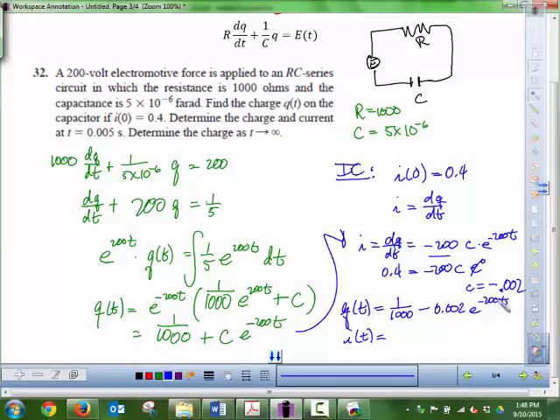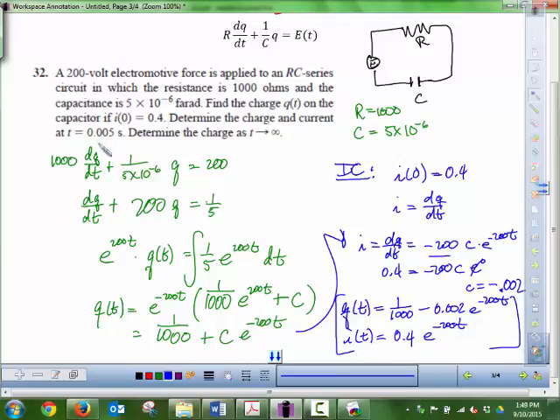It's 200 times that constant that we got. So negative, negative cancels. It looks like a 0.4. That's right? It should be right. e to the negative 200t. All right, so these are my two functions.